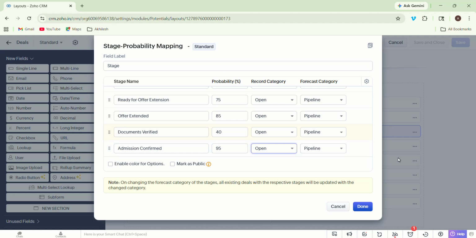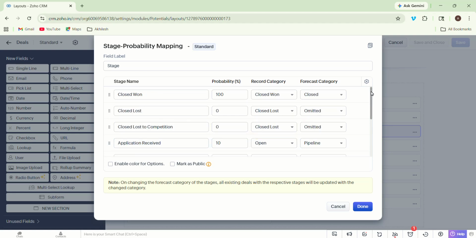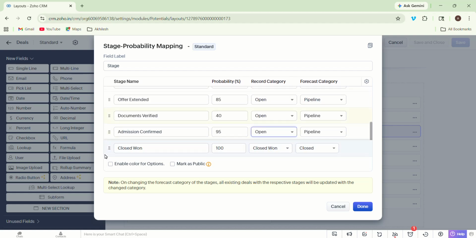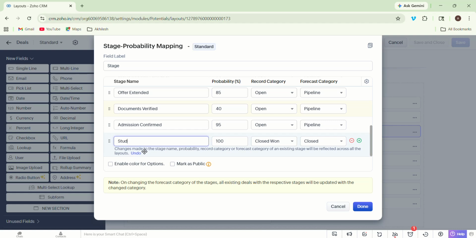Then there is closed one at 100%, which we will need to bring down, or you can also call it student enrolled. Now this is closed one.